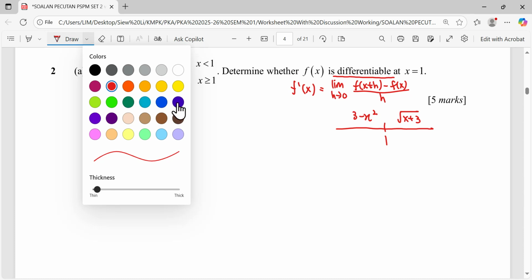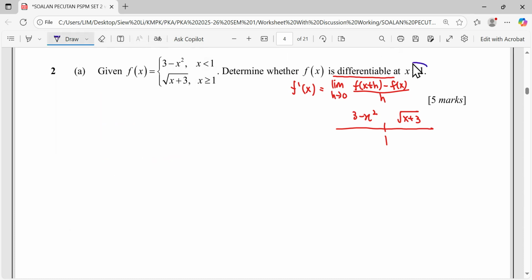Not differentiable generally. Differentiable at a point, f prime a equals the limit as x approaches a of f(x) minus f(a) over x minus a. So that is the difference between first principle generally and differentiable at a point, at the value of x here. So we are using this formula.